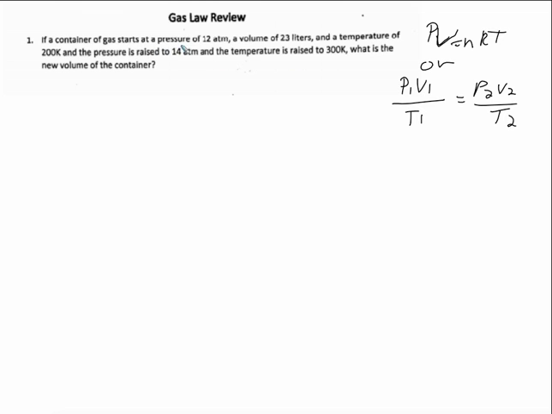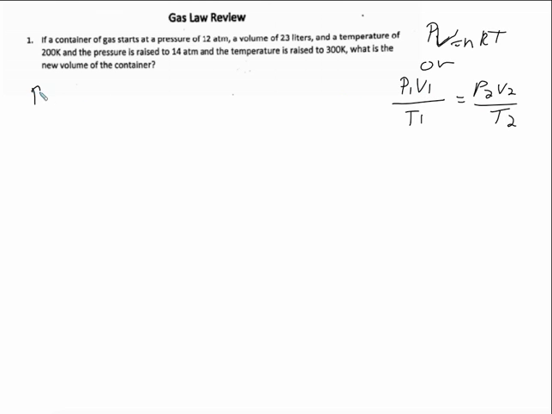If you read this whole problem, number one, you see there's nothing about moles or grams. And so we're not going to use PV equals nRT because n has to do with moles. So we're not going to use that one. We're going to use this P1 V1 over T1.